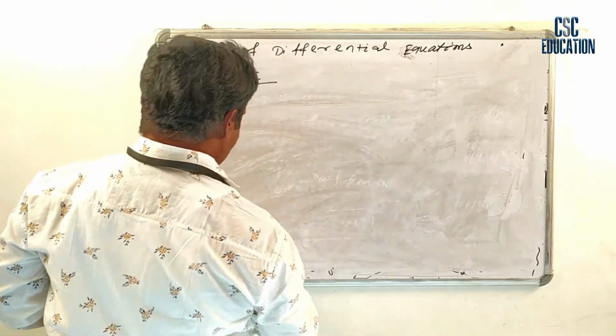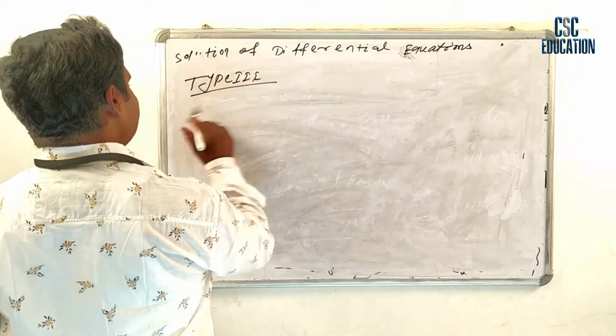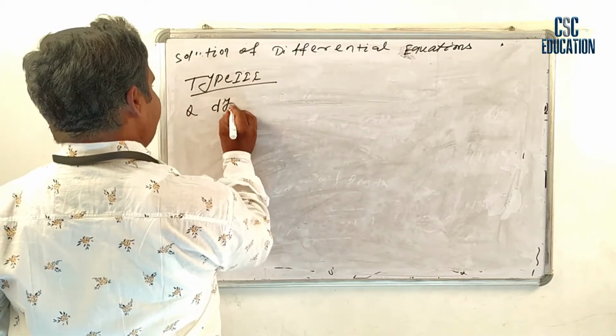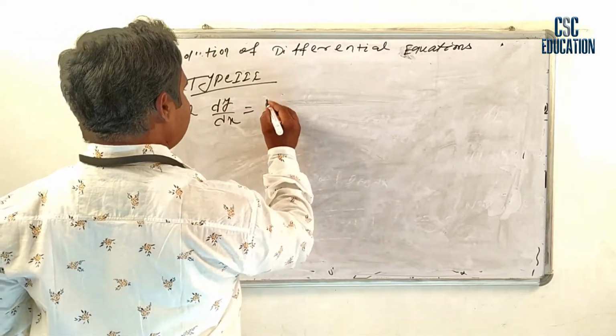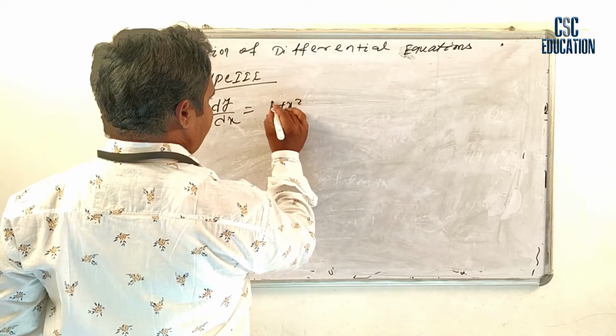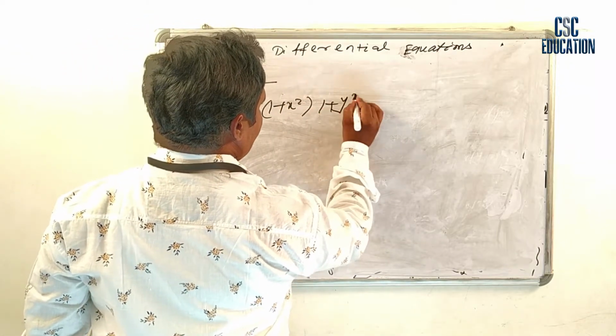Suppose the question is dy by dx equals 1 plus x square times 1 plus y square.